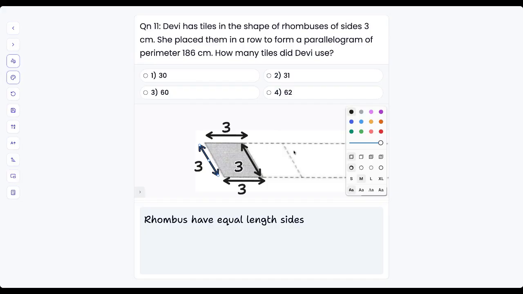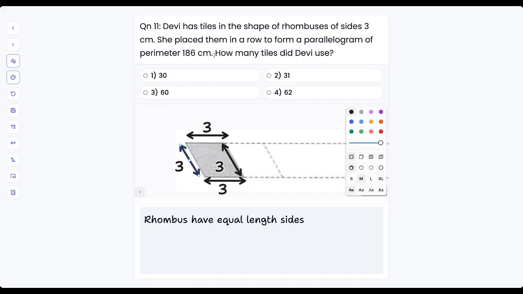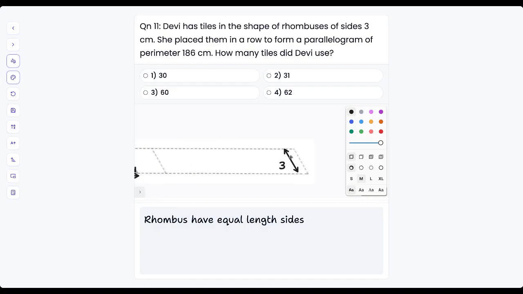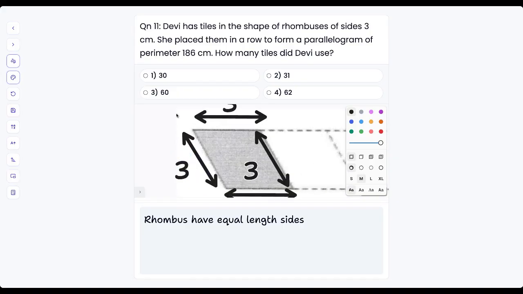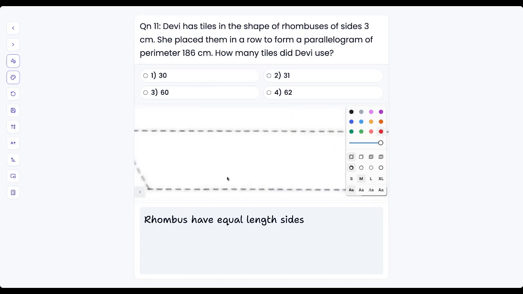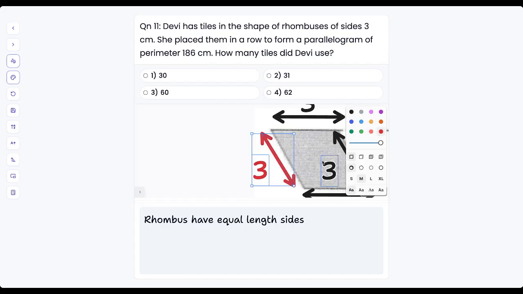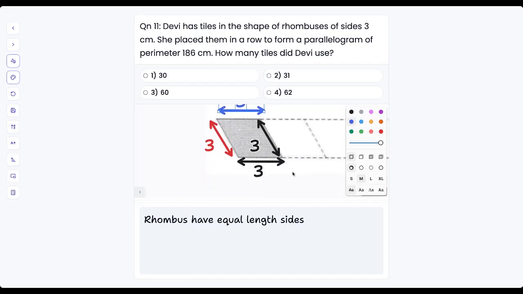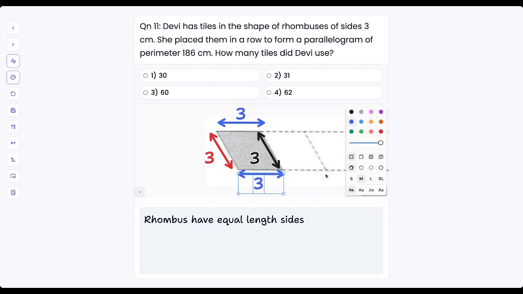The next thing is we want to know how many tiles, right? So in order for us to know the number of tiles, we need to know that this whole parallelogram at the end has 3 centimeters on each side, the left side and the right side. So I'm gonna highlight this as red. So now the only thing that we care about is this blue part and this blue part.